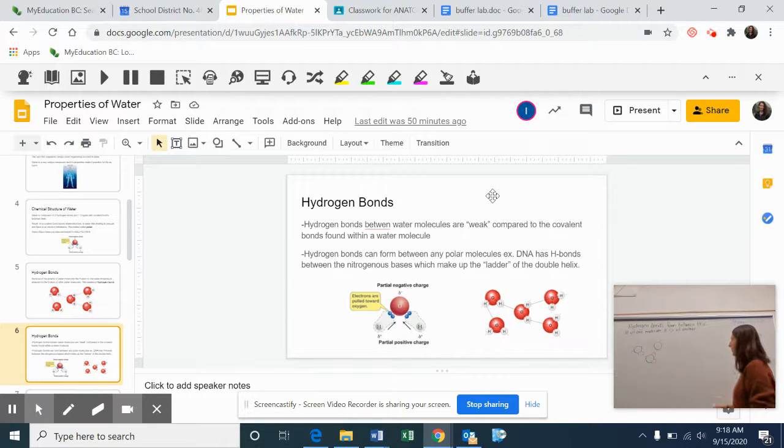Okay. I'm just going to write around this. So these bonds are weak in comparison to the actual bonds within the molecule.